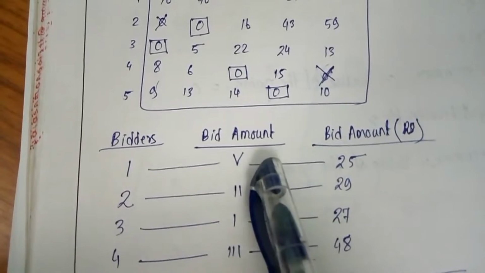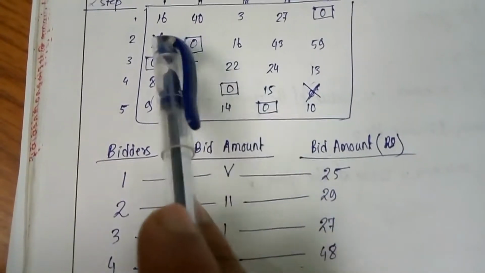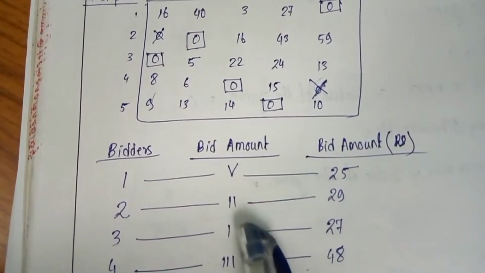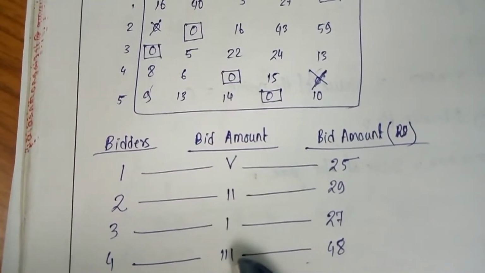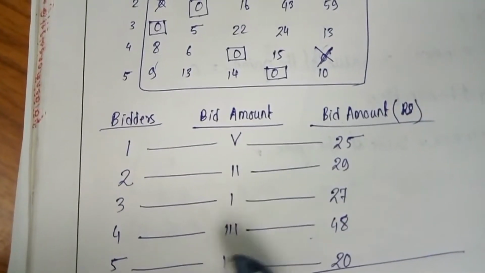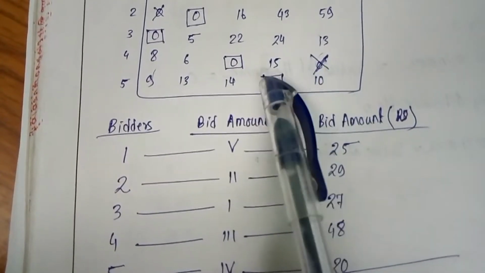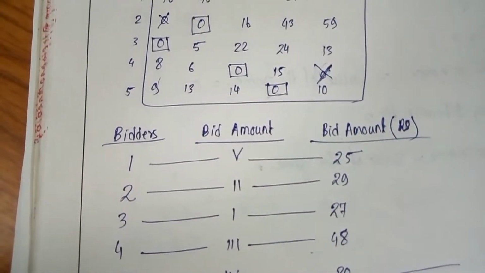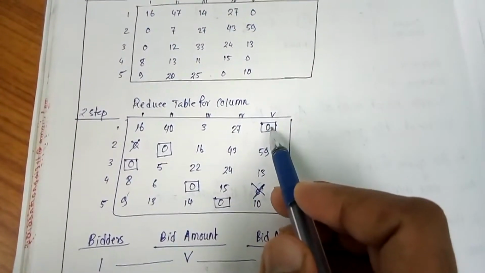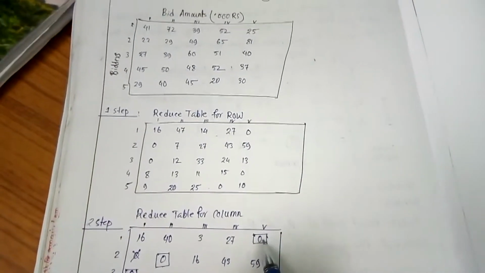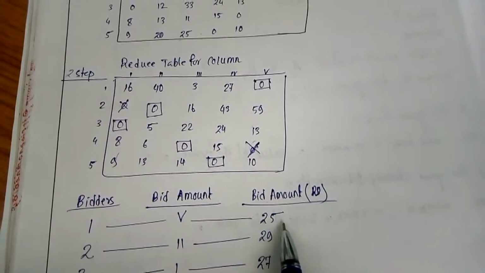Now write this one fairly. Bidder 1 bid amount 5, bidder 2 bid amount 2, bidder 3 bid amount 1, bidder 4 bid amount 3, and bidder 5 bid amount 4. So what are the bid amounts from here? For this 5, the amount is 25, so write 25.